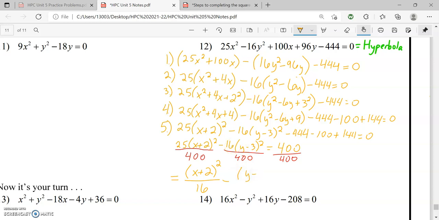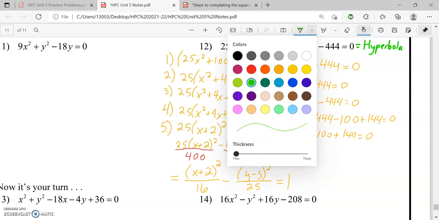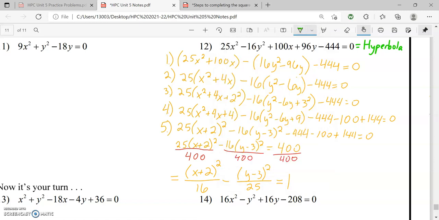So we have y minus 3 squared, 16 over 400, which is really equivalent to 1 over 25. And 400 over 400 obviously is 1. So if you look at that, we have ourselves the standard form of a hyperbola, nice and even.